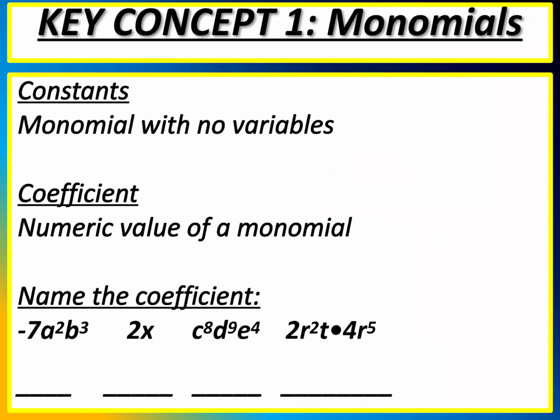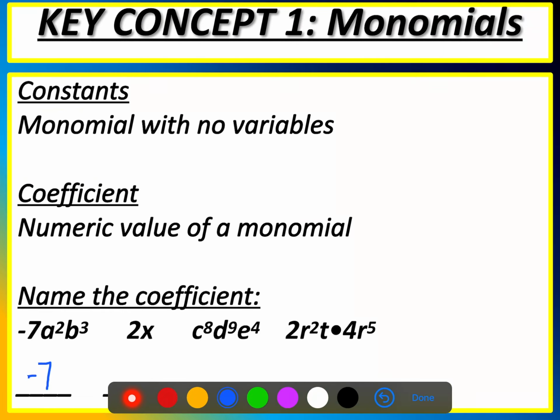So we're going to name the coefficients of the monomials here on the bottom. In the first example, my coefficient is -7. We're looking for the numerical value in front of our monomial. In our second example, the coefficient is 2.